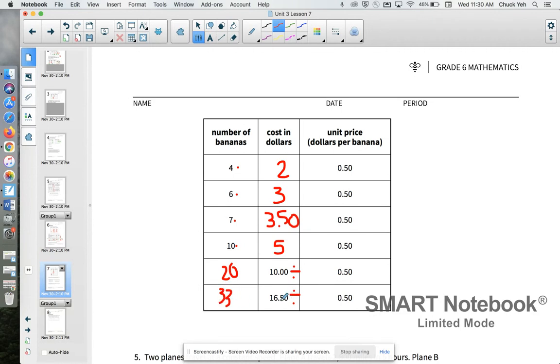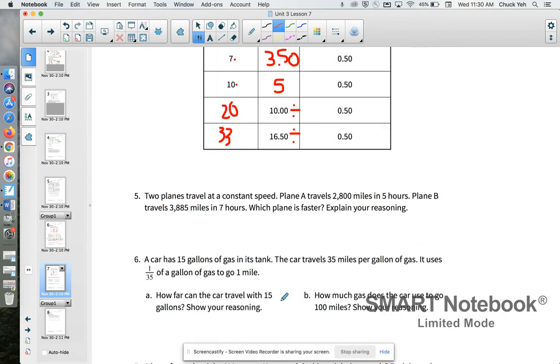Okay? Number 5, and then the last one, because we're not doing 6 and 7. 2 planes travel at a constant speed. So we would divide this. Let's see, 2,800 divided by 5, 560 miles.